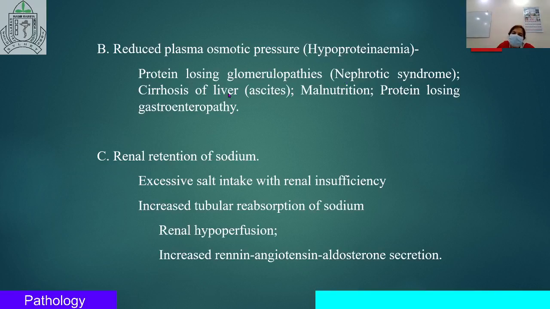It may be due to cirrhosis of liver, as plasma protein is produced by the liver, or decreased protein intake by malnutrition, or any excess loss by protein losing gastroenteropathy. In a word, there is decreased protein level in blood. Reduced plasma osmotic pressure causes edema.